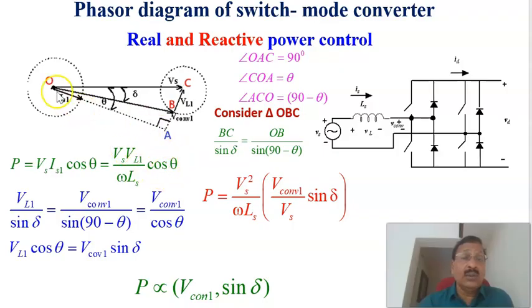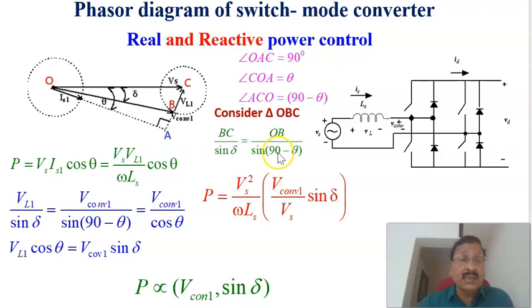For that, we have to consider this triangle. Triangle OBC is considered. Now, as per the trigonometric rule, BC divided by sine delta is equal to OB divided by sine of this angle, sine 90 minus theta.